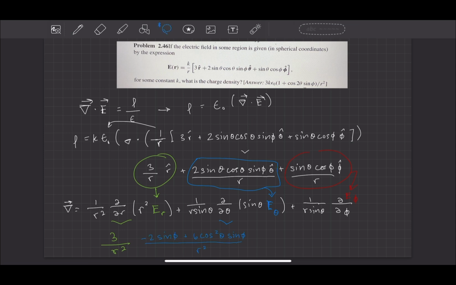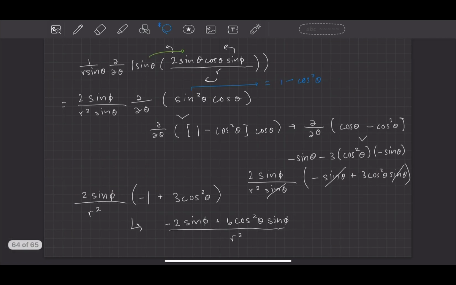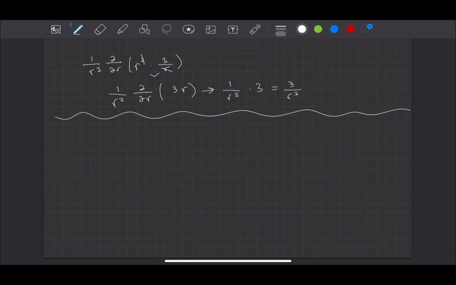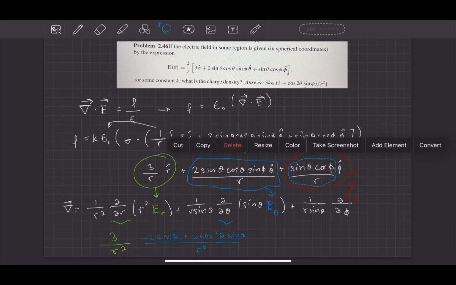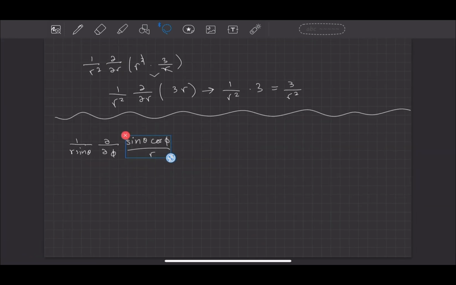Lastly, we're going to do the e phi component. So this one's pretty easy as well. We're just going to replace the e sub phi with the actual phi component there. And so again, since we only care about the phi variable, we can take everything out.